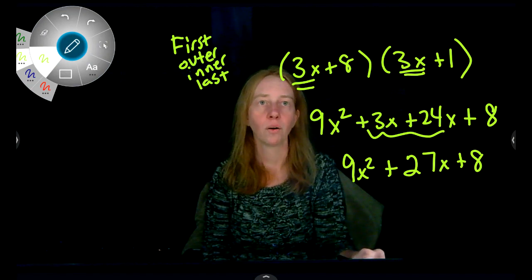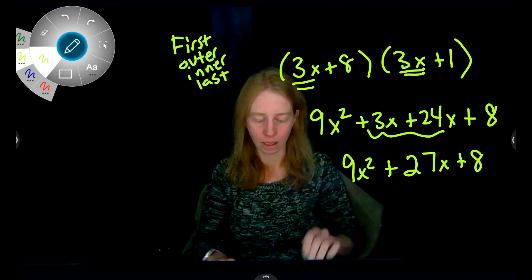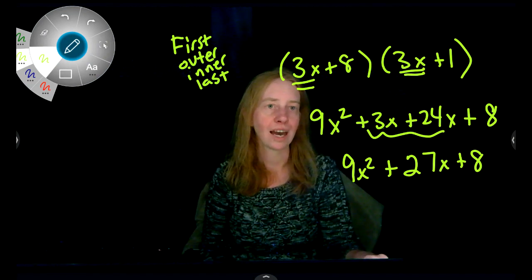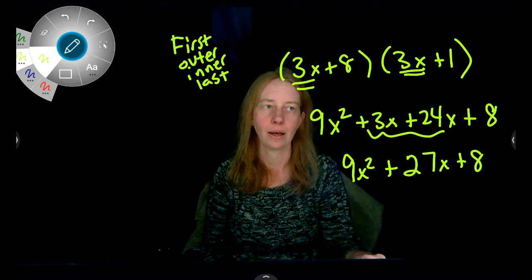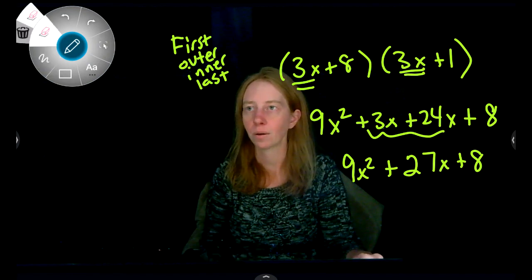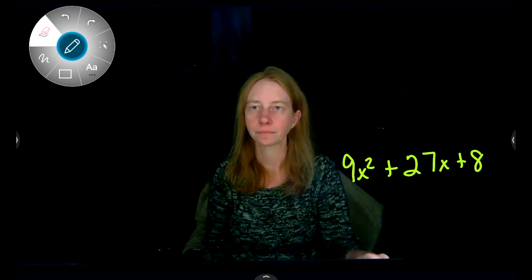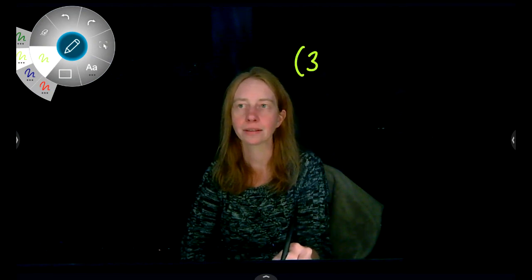Now, if you have something a little more complex, you can still use that kind of method. Let me show you what that could look like. Here I have 3x plus 2.